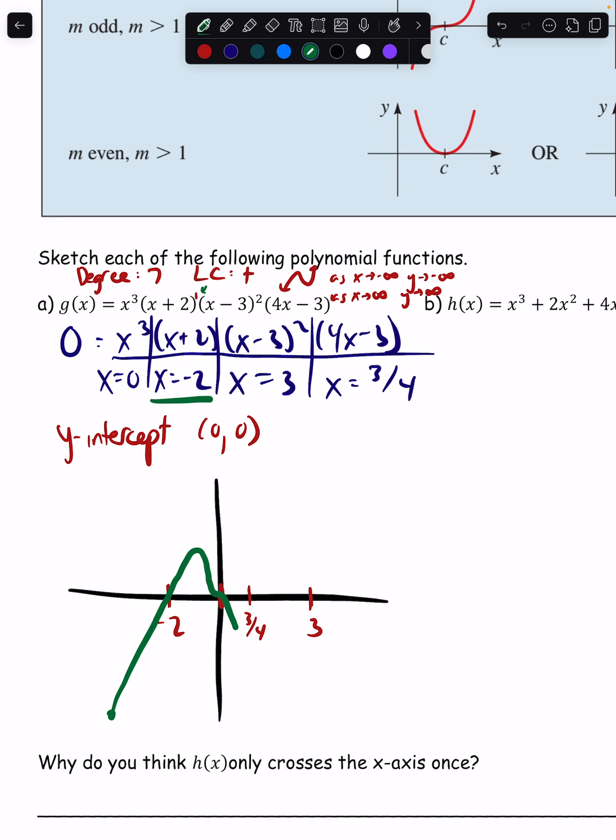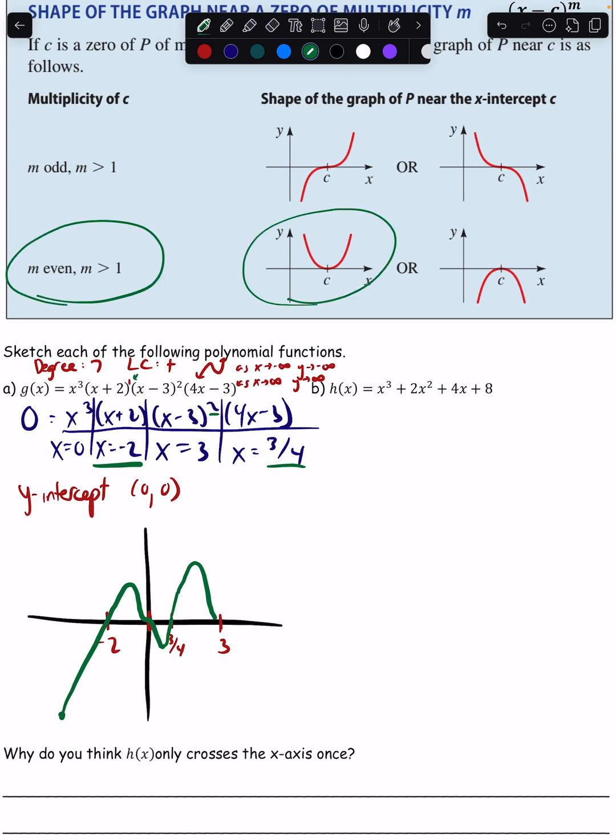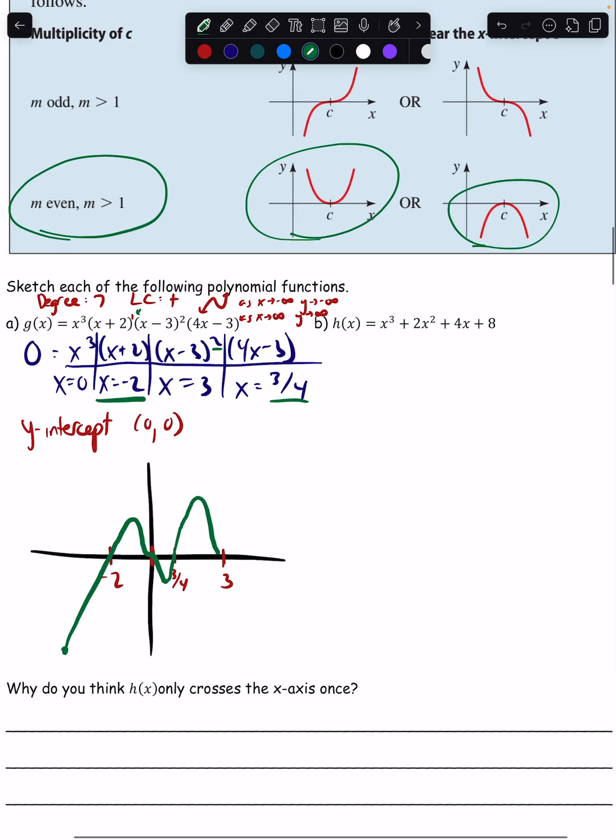And then at 3/4, it crosses again because that's an odd multiplicity. And then at 3, here's the winner. It is an even multiplicity. So what happens when it's an even multiplicity? That's when it bounces. So we're going to be bouncing at 3 and then going up. So that's what our sketch should roughly look like.